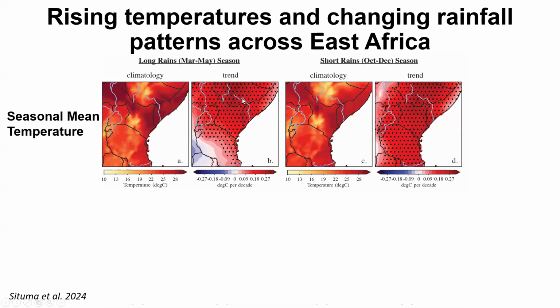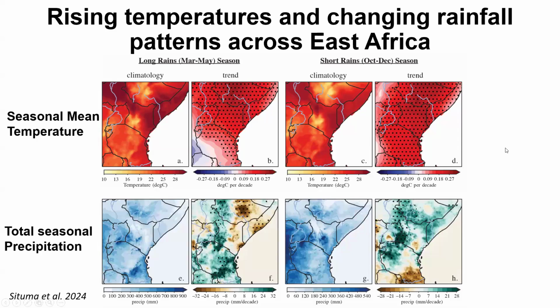Essentially, we're seeing an increase in seasonal temperature in both the long rain and the short rain season. And these dots represent where those changes are significant. And then we also looked at precipitation, given how important it is for vegetation growth, as well as for creating conditions that are conducive to the spread of this disease.